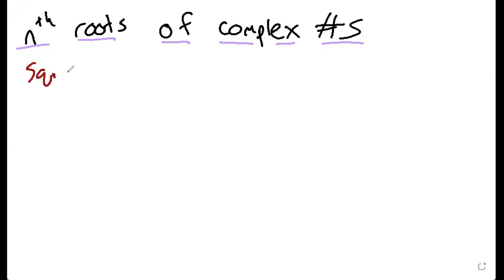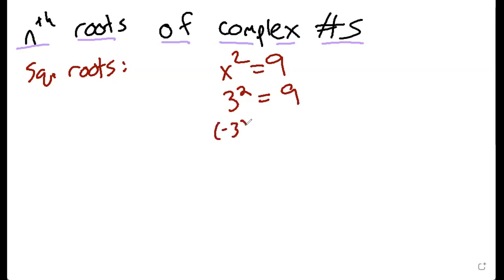Well, let's start talking about square roots. If we want to think about square roots of a number like 9 here, think about numbers such that when you square them, you get 9. So 3 is a square root of 9, because if you square 3, you get 9. -3 is also a square root of 9, because if you square -3, you get 9.